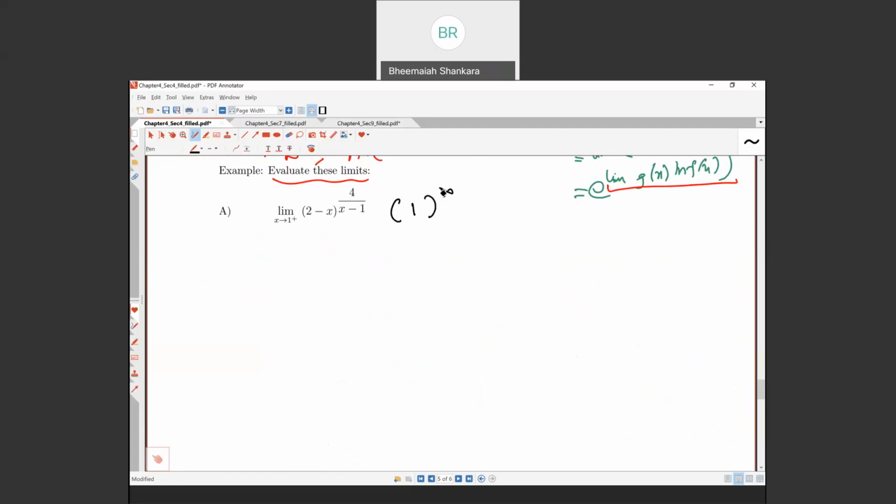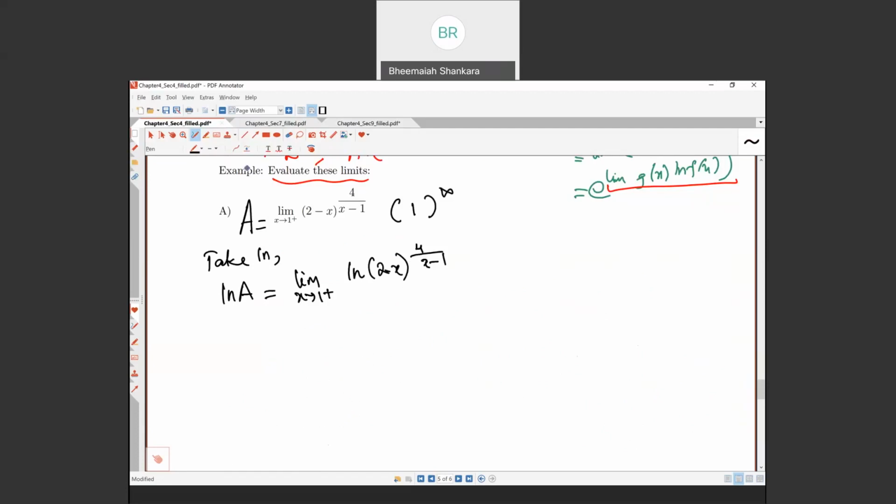Now you want to rewrite the given expression as a, and then you take natural log on both the sides. So it is natural log of a equal to limit x approaching 1 plus, and then you have ln 2 minus x, and then you have 4 divided by x minus 1.